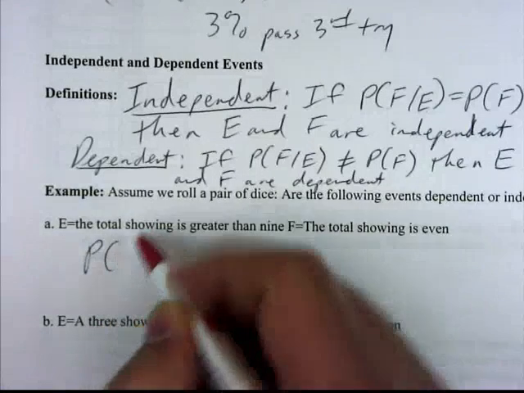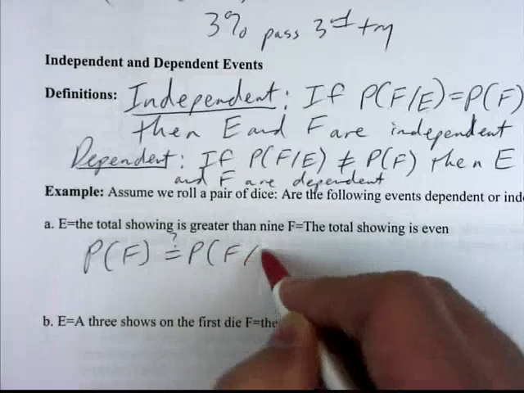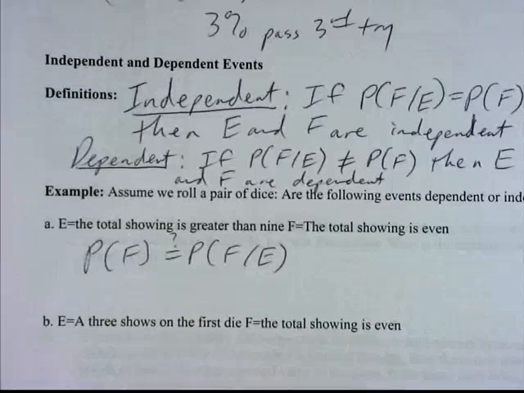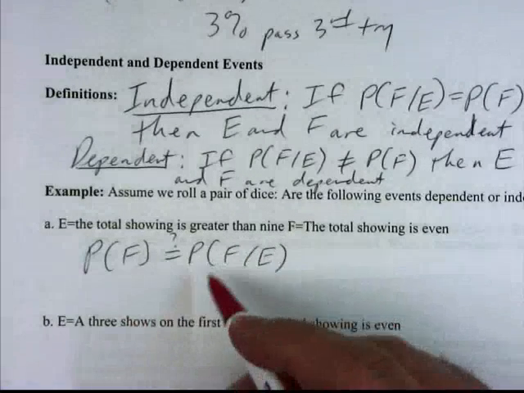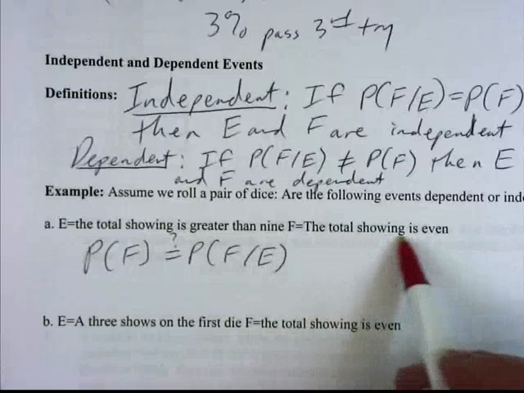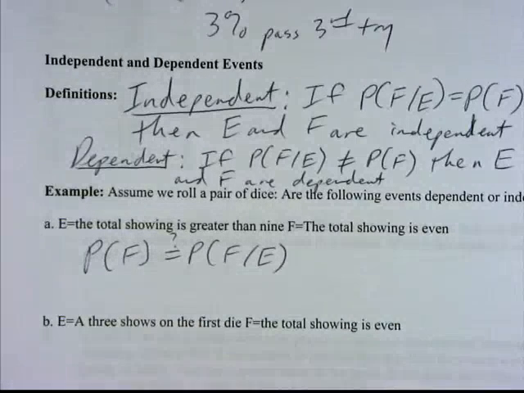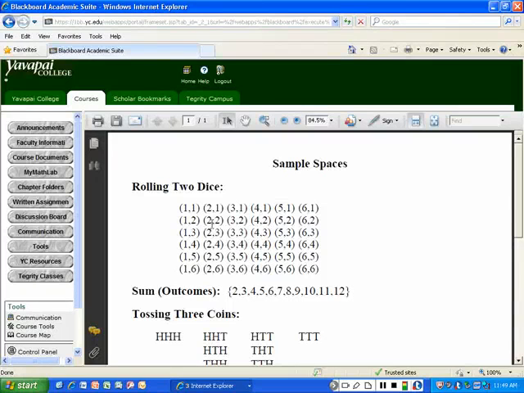All right, so the probability of F, we want to know, is that equal to the probability of F given E. What is the probability of F? The probability of F is that the total showing is even. So if we go back to our sample spaces here, the number of ways to get evens are, let's see, I could get a 1 and a 1, or a 1, 3, 2, 2, 3, 1.